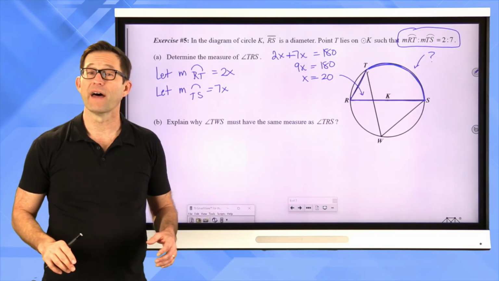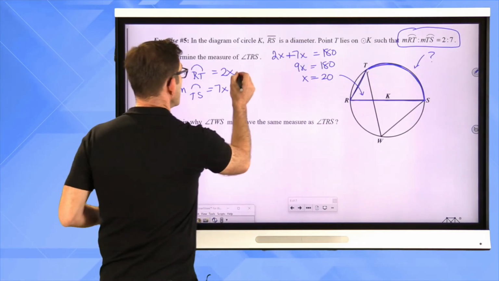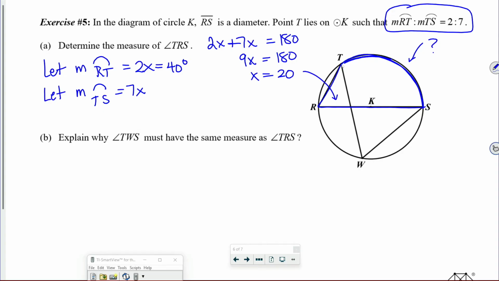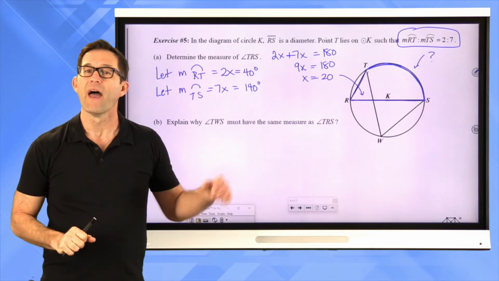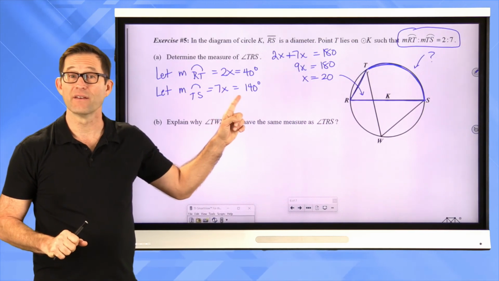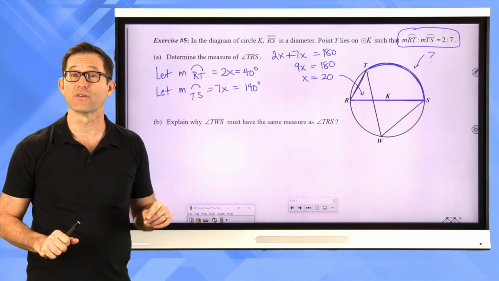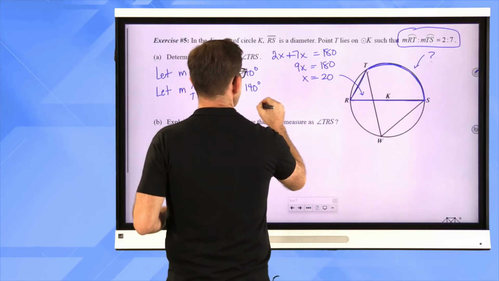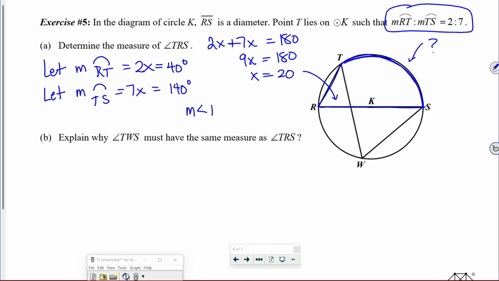Now the cool thing about that is that then tells me that RT must be 40 degrees and TS must be 140 degrees. And that is all I needed. I just needed the measure of TS, so I can now say the measure of angle TRS is 1/2 of that 140, and that is 70 degrees.